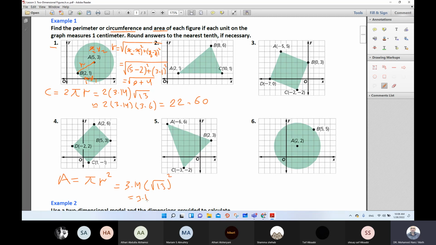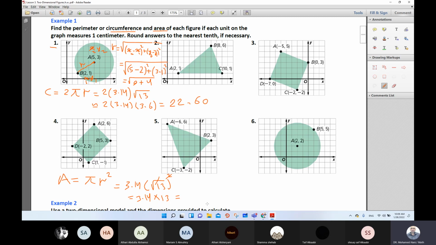So we have 3.14 times 13, because the square cancels the square root.